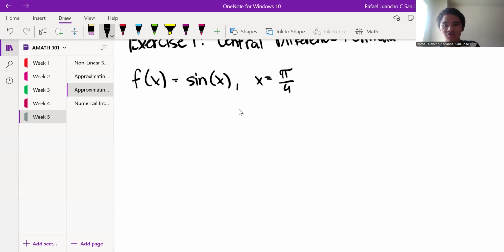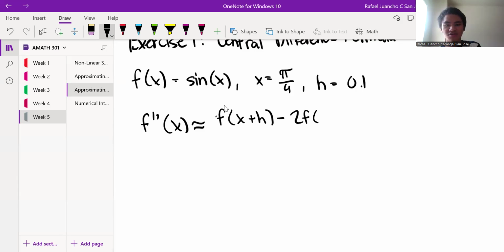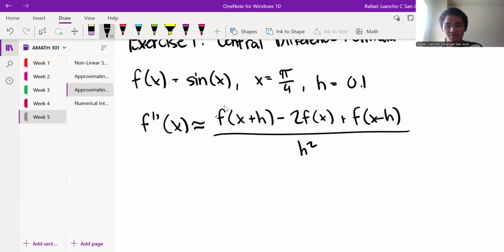And then my h, or my step size h, is at 0.1. And then the central formula again, when we approximate, it's f of x plus h minus 2 of f of x, I think, plus, yes, f of x minus h over h squared, right?